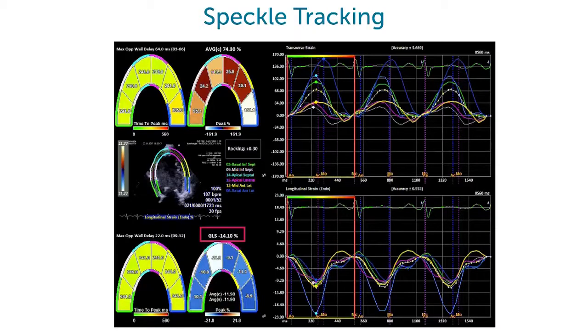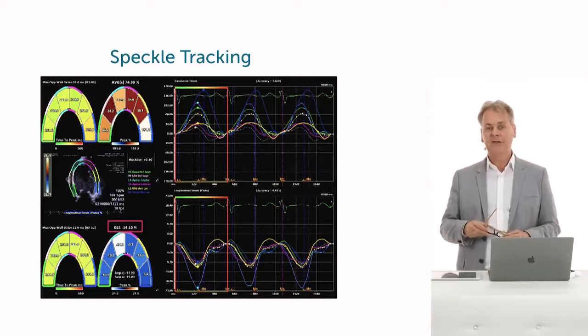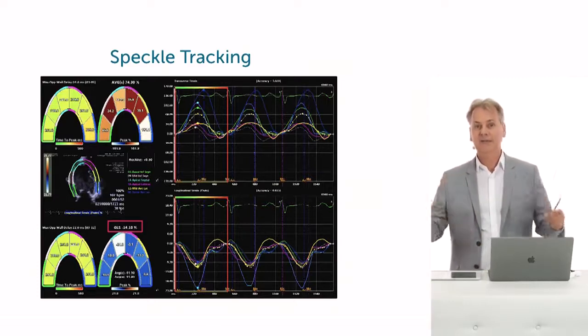We have another very important modality at hand, and that is speckle tracking. Here we performed an analysis of the longitudinal function in the 4-chamber view, looking at how well the ventricle contracts in a longitudinal direction. And this is such an important parameter because it has predictive importance.